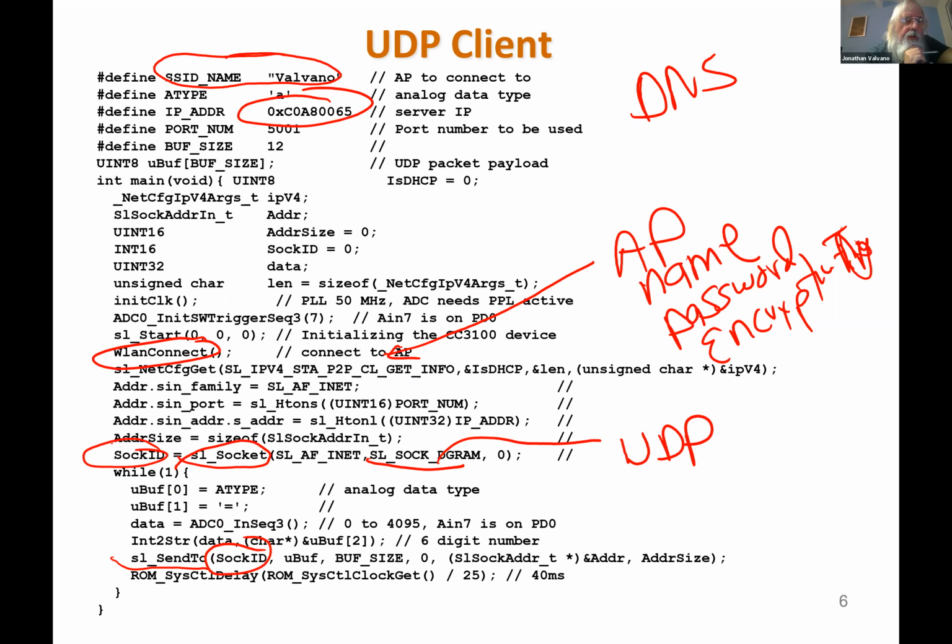This is a data structure with a lot of fields in it. That's the index into the socket table. Here's the payload, the UDP payload, which has the message I'm trying to send. That's the size of the message.